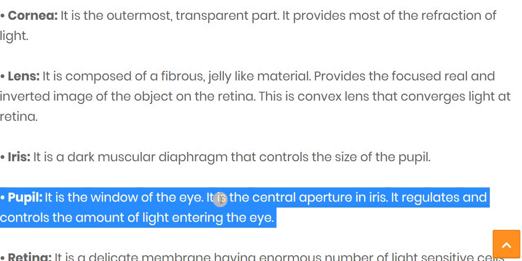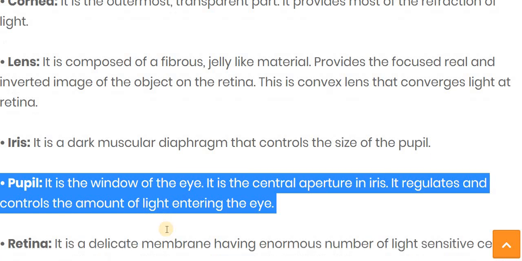It is the central aperture in the iris. It regulates and controls the amount of light which enters the eye. We can say that the pupil works as a window of the eye, the central aperture in the iris, and it regulates the amount of light entering the eyes.